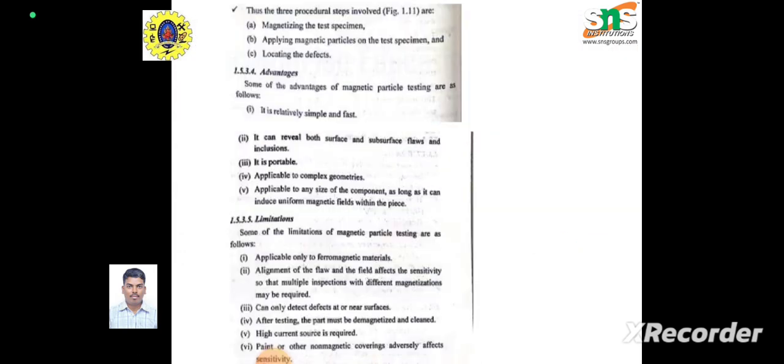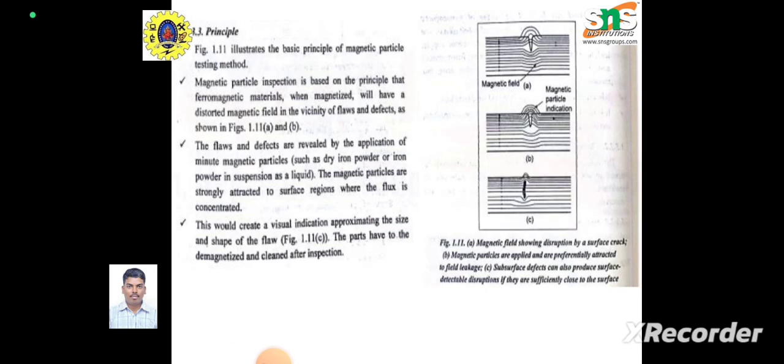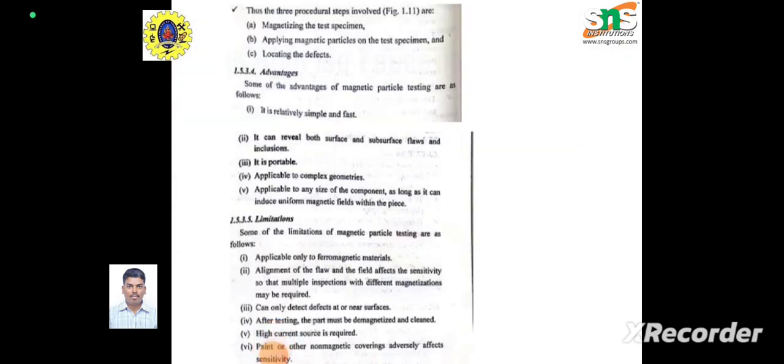What are the advantages of this method? It can detect surface and subsurface flaws inclusively. It is portable, easy to take the testing particles anywhere we need to identify flaws.